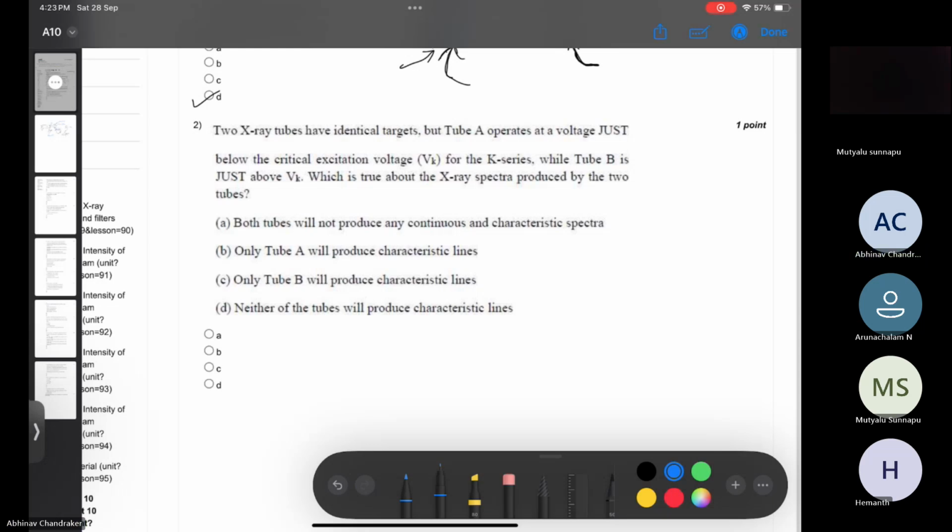So if the voltage is below the critical excitation voltage of the K series, then we know that the electrons which are being accelerated by this voltage, when they interact with the specimen, will not have enough energy to remove the electrons from the K shell of the target material, and as a result we will not see any characteristic lines which will be associated with the K shell, for example K alpha or K beta.